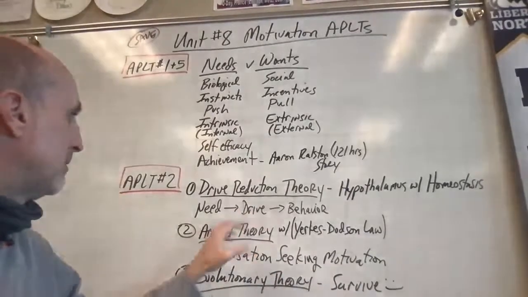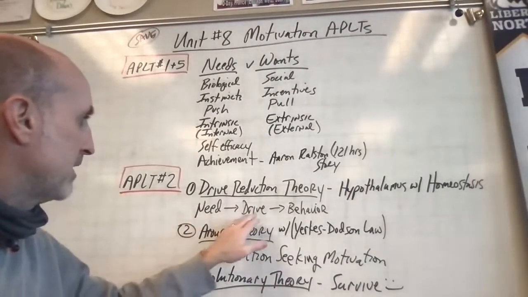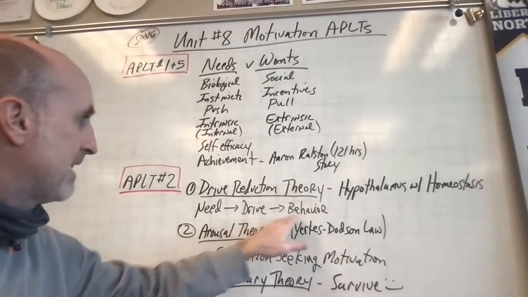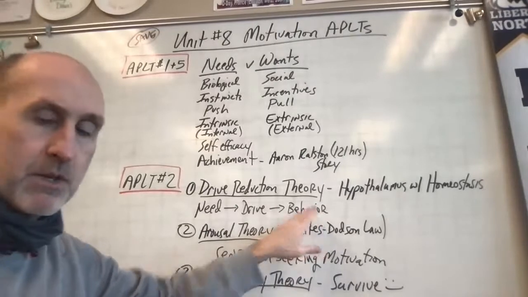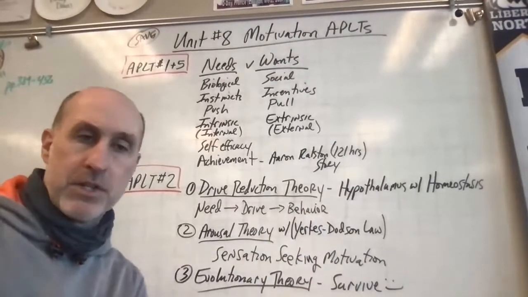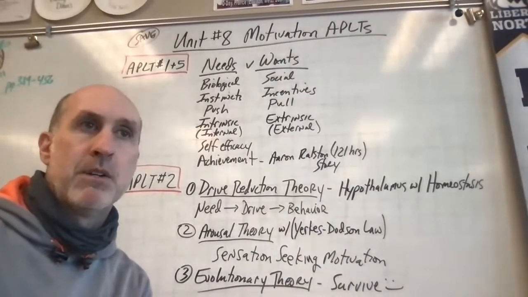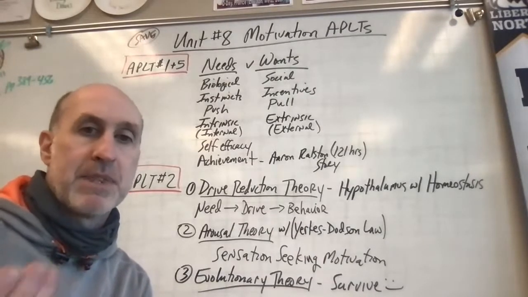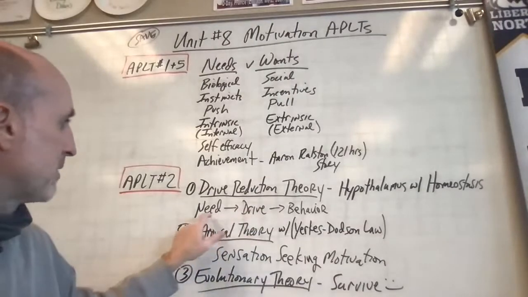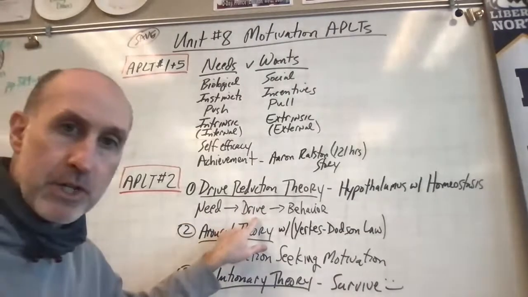So you have a need, okay, then your hypothalamus creates a drive, and then that drives you towards the behavior to restore homeostasis. So easiest examples are thirst. When you're thirsty, your body needs fluid, you're out of equilibrium, you're out of homeostasis. So your hypothalamus then drives you. I have a need for fluid. It drives me to get a drink, right?